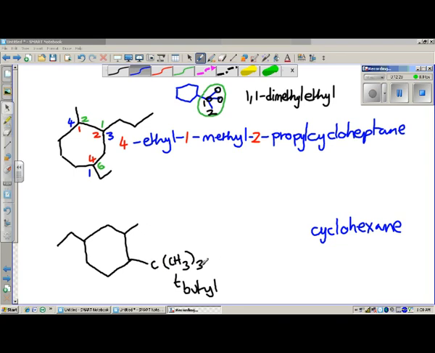We've just been talking about tertiary butyl, alright? So when we look at our ring, then we have a methyl, an ethyl, and a t-butyl. Remember, we'd said that for alphabetization purposes, the B is used rather than the T for tertiary. So, in terms of alphabetization, which one of these would come first?